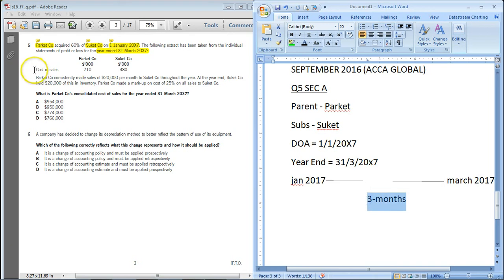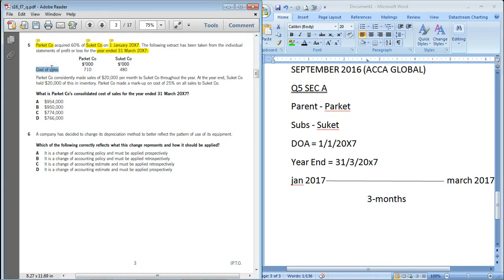Now the question focuses on cost of sales only. So you are focusing on the effect on the cost of sales because the question requires you to consolidate cost of sales. Now this amount extract has been taken from the statement of profit and loss. Remember, whatever statement, either profit and loss or statement of financial position, it is 1 year.